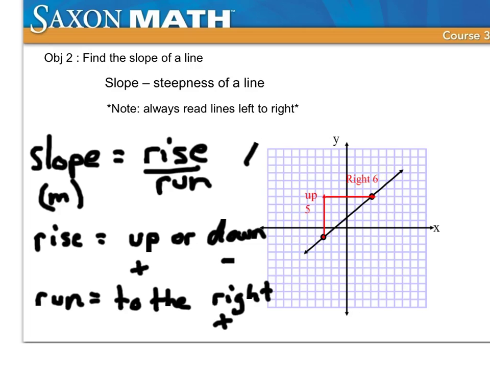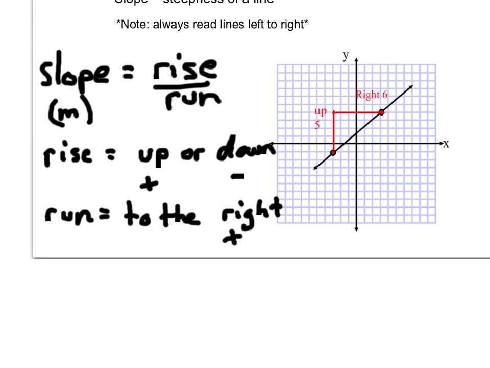So if I'm going to write my slope of the line, I'm going to write it as rise over run. So the very first thing I'm going to put is the variable m, because that's the one we always put with slope. Then I want you to start writing in. Don't just put m. We're going to put m equals the rise over the run.